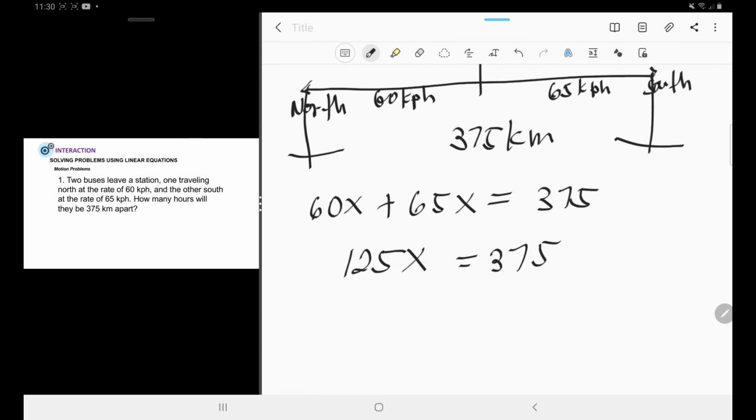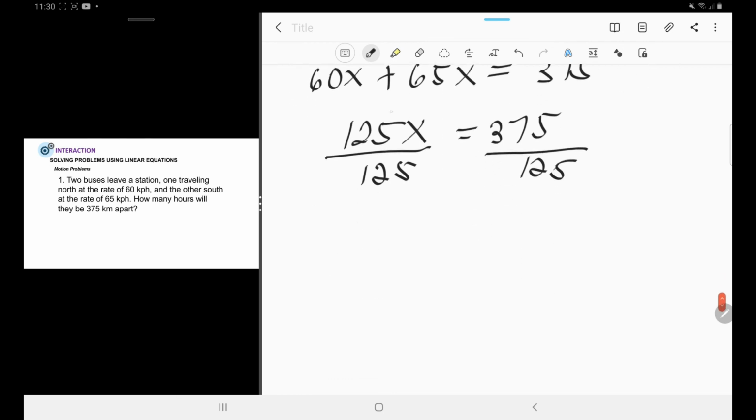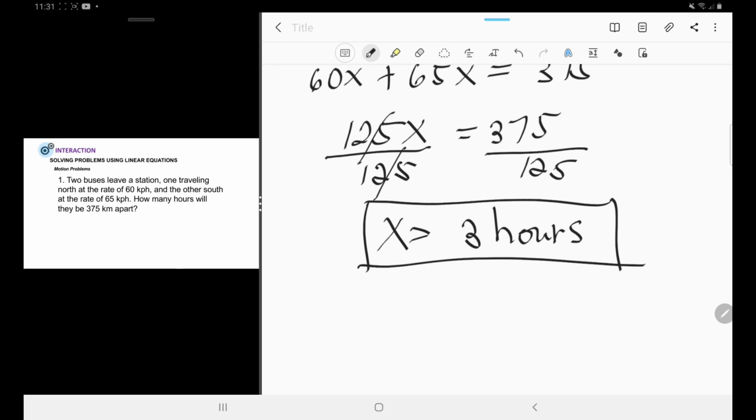And 375 divided by 125, so we divide both sides by 125. Okay, so x is equal to 3 hours. So in 3 hours, the two buses will be 375 kilometers apart.